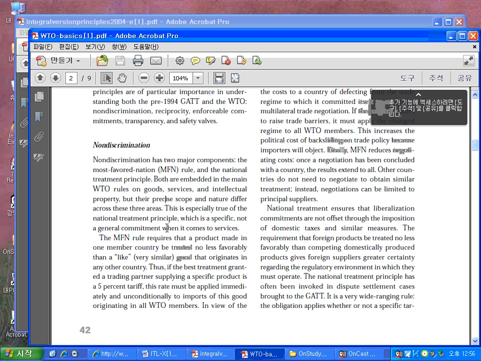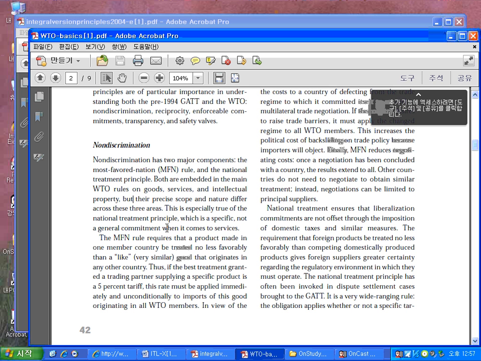This principle has two major branches: the most favored nation principle and national treatment, which we often call NT. So MFN and NT have an interplay to ensure non-discrimination against the member state.